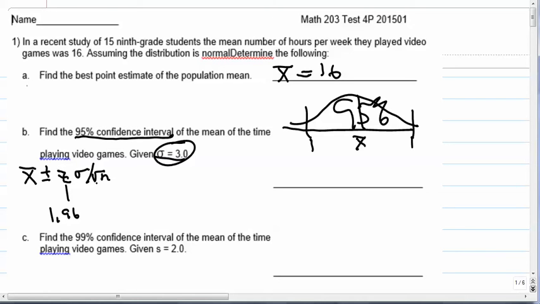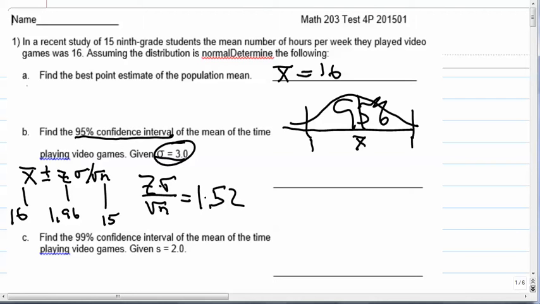Sigma is given. X bar is given to be 16. And then n is equal to 15. So we plug these values into the formula, and notice that we get z times sigma divided by the square root of n. Turns out to be, you can do the math, rounded to 2 places, 1.52.